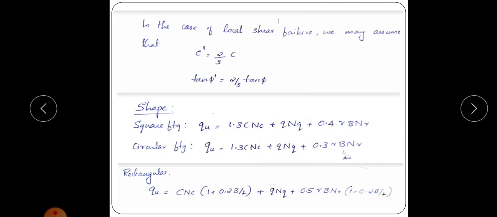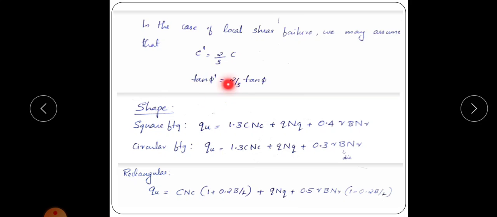Up to this we have studied general shear failure, that is, Terzaghi has derived the equation for the general shear failure condition. If the shear failure is local, in that case the mobilized cohesion C dash is equal to 2 by 3 into C. So if C is given, you multiply it with 2 by 3 and it will result in the mobilized cohesion, and substitute this value in the equation. And the mobilized angle of shearing resistance is tan phi dash equal to 2 by 3 tan phi.